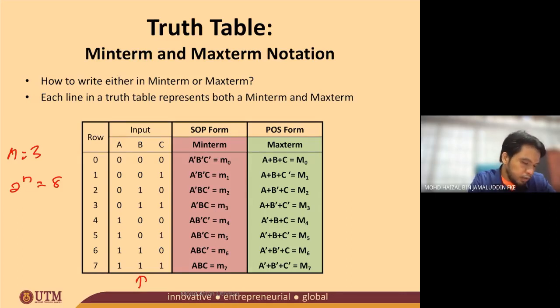And if it is in the SOP form, you can write, for example, A bar, B bar, C bar is equivalent to M0 to represent this. Okay, and a small m. And for the max term, representing the big M.